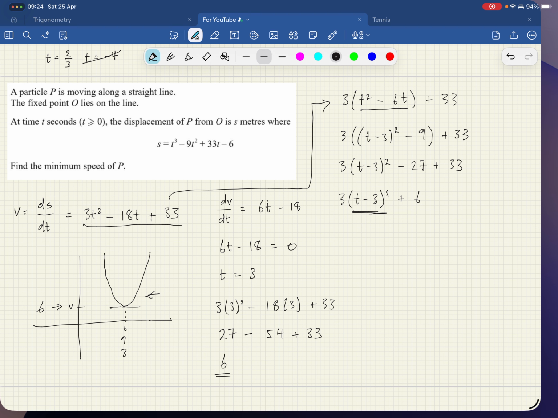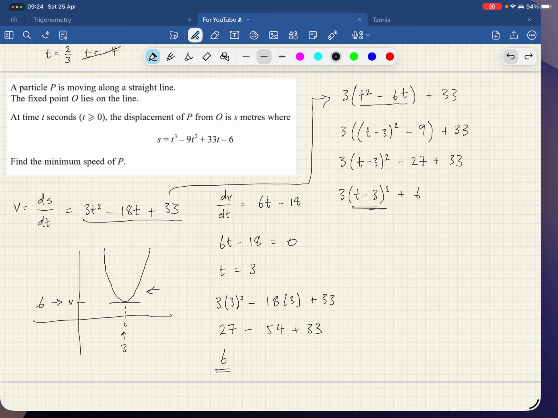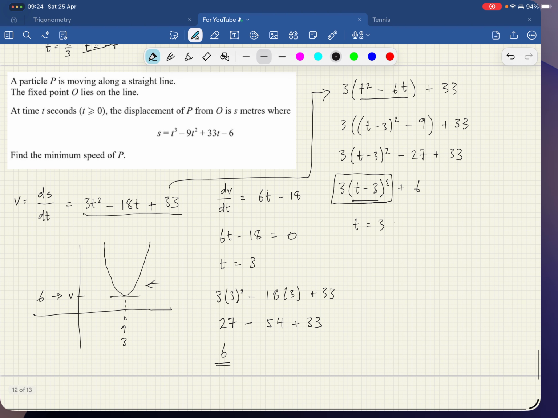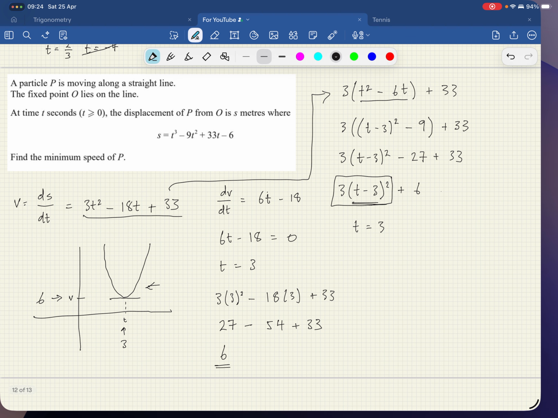So we can immediately see that if we were to make this 0 by setting t equals 3, then we'd have 3 minus 3 squared times 3, doesn't matter, it's all 0. We've got plus 6. So we can see immediately here that the minimum speed is 6. It can't get any lower than 6.